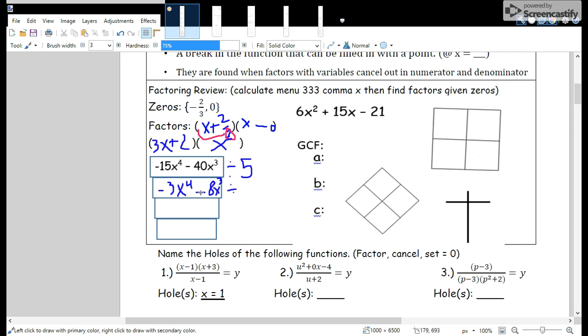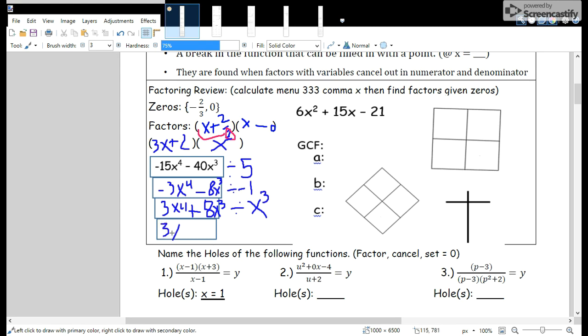Now they both have a negative sign, so you can also divide by negative 1, and that changes the signs. They both have an x, so you can divide by x. Now you choose the lower exponent out of 4 and 3. 3 is the smaller exponent, so that's the one you take out.